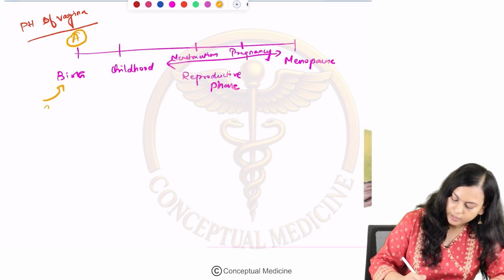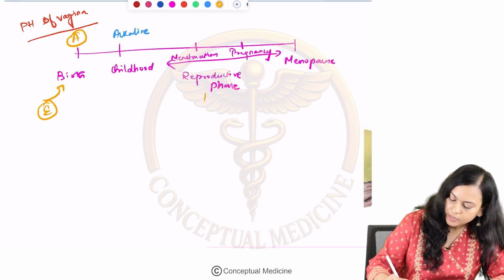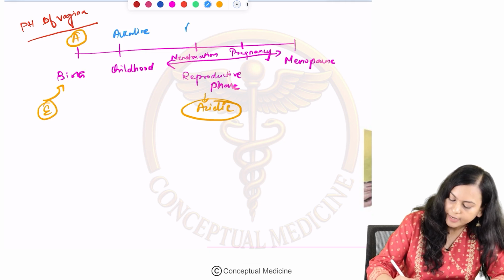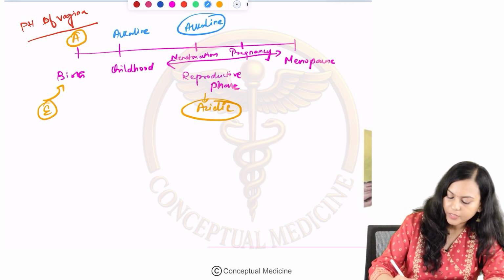because there is estrogen hormone action from the mother. Then it becomes alkaline in nature. In the reproductive phase of the woman, most of the time it is acidic only. But during menstruation it becomes alkaline again because menstrual blood is overflowing into the vagina, and during pregnancy it becomes more acidic.